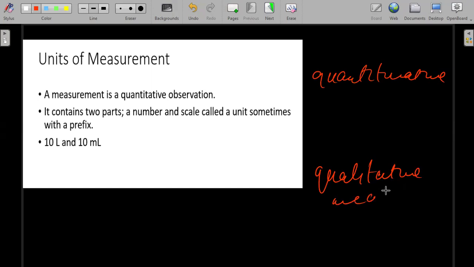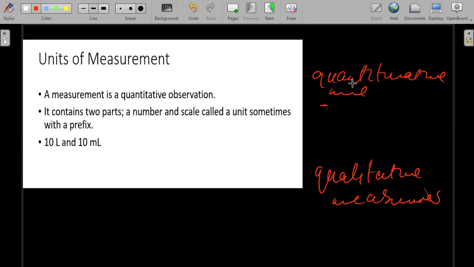So now you need to know the difference between these two types of measurements, okay? So let's start with quantitative measurements. In your own term, what are quantitative measurements? Anyone to give it a try? What are quantitative measurements? And what are qualitative measurements?